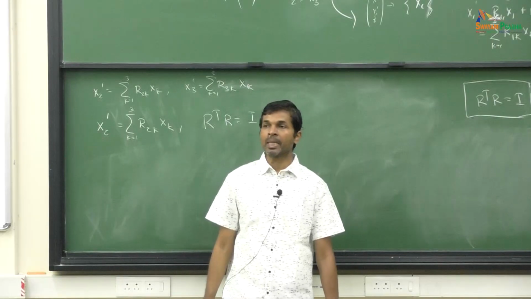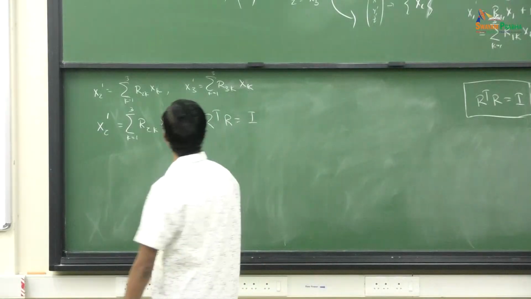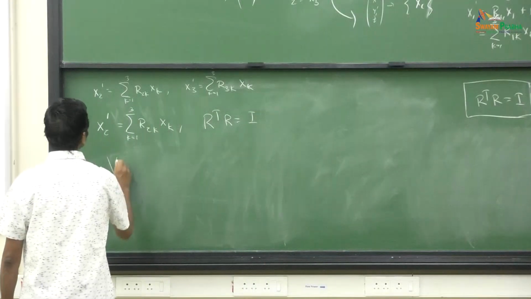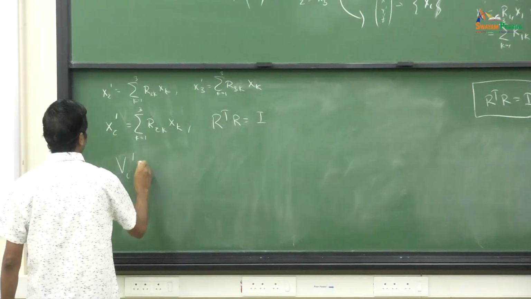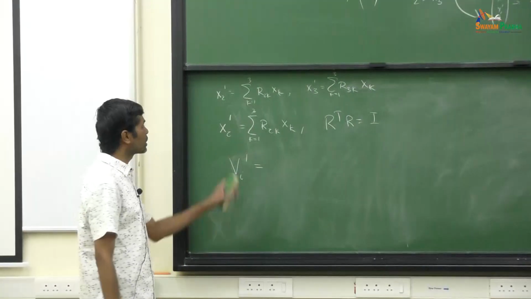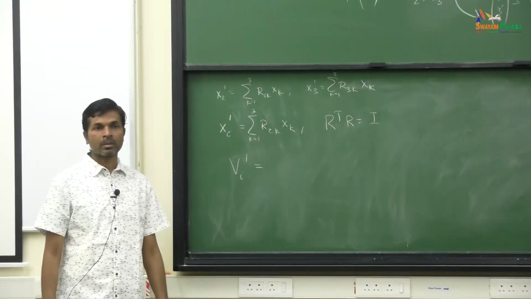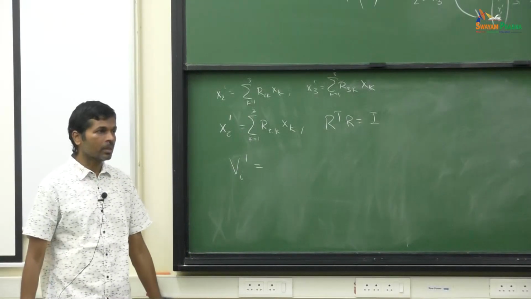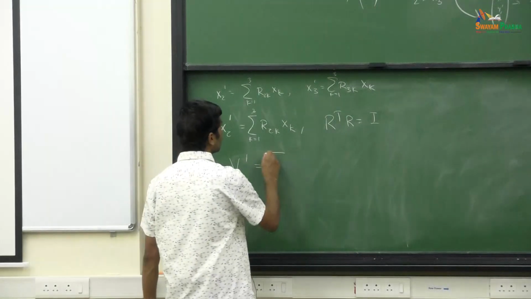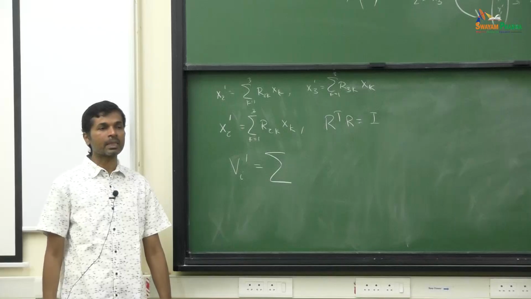Now what I claim is, if you consider an arbitrary vector Vi prime, not the position vector but any arbitrary vector, then under a rotation the components of the vector will transform exactly the same way.